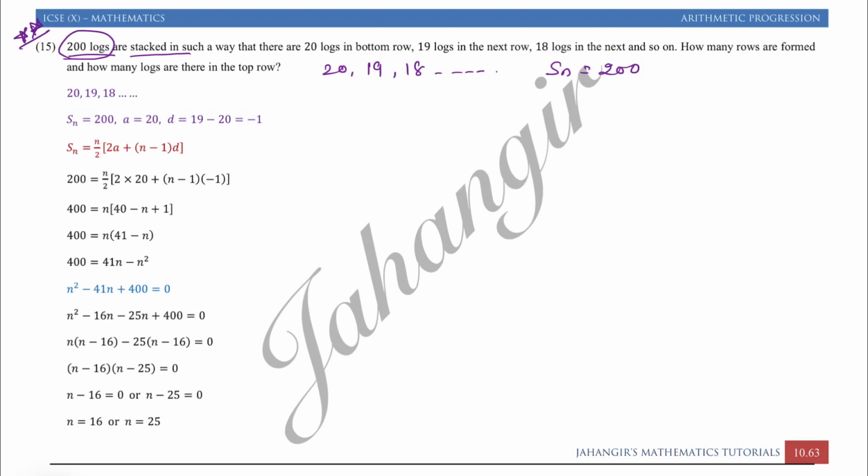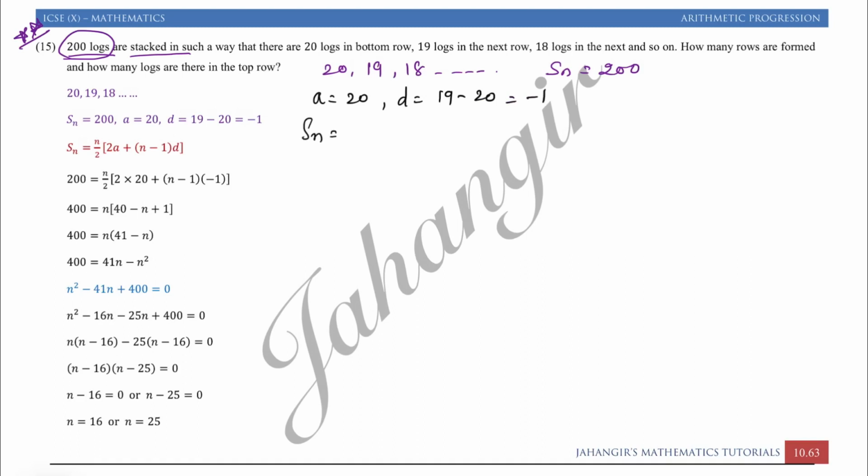So here first we will find how many rows you can make with 200 logs. So I can write the formula for Sn. Before finding Sn we will write the first term. Therefore first term A is equal to 20. Common difference is 19 minus 20, which is equal to minus 1. Sn is 200.